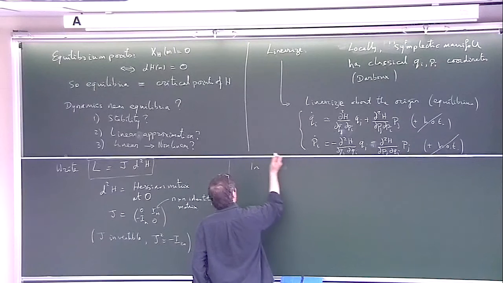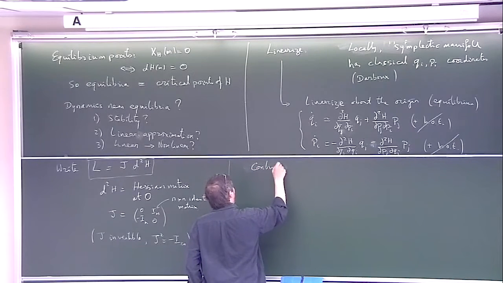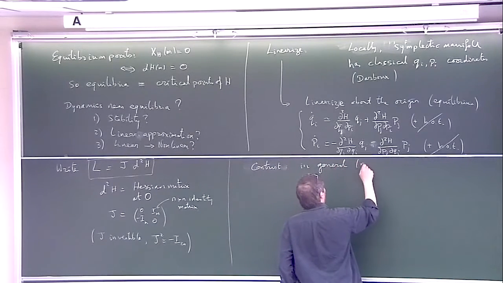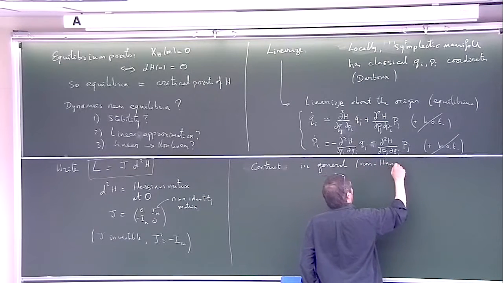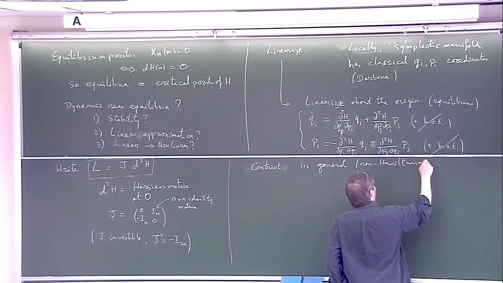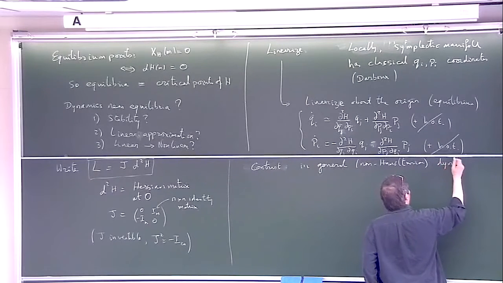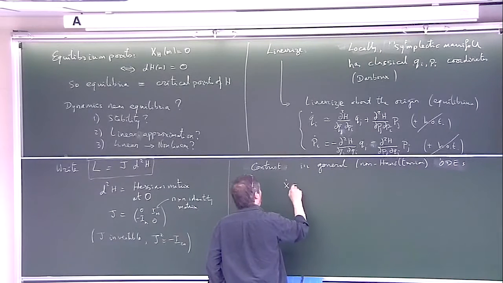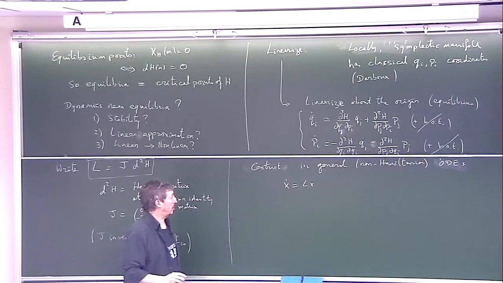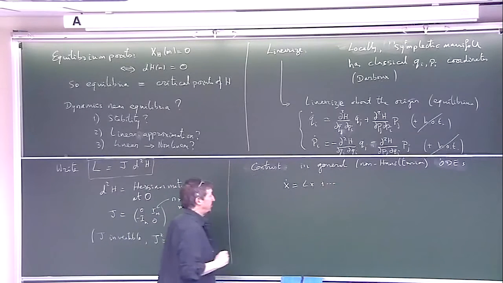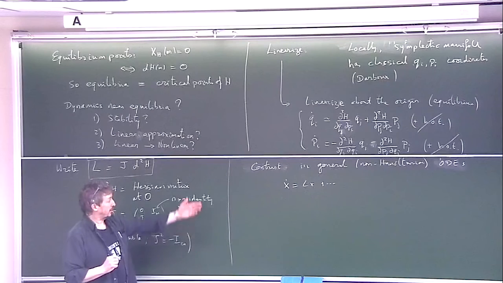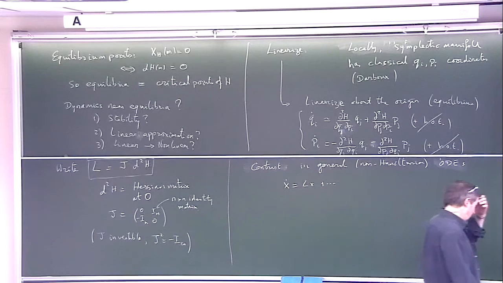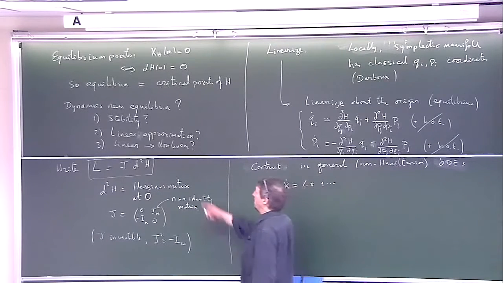So contrast, in general, non-Hamiltonian dynamics or differential equations. So if we have a differential equation like this, where L is not of this form, L is just the linear matrix for the differential equation, one asks about stability.